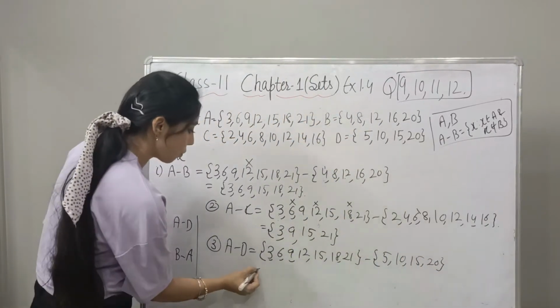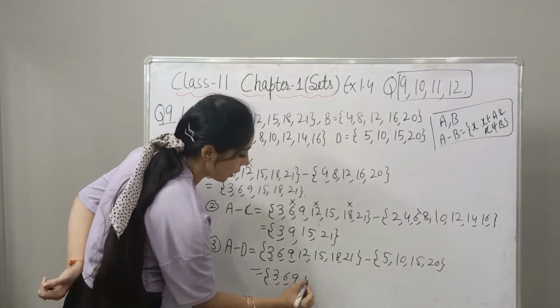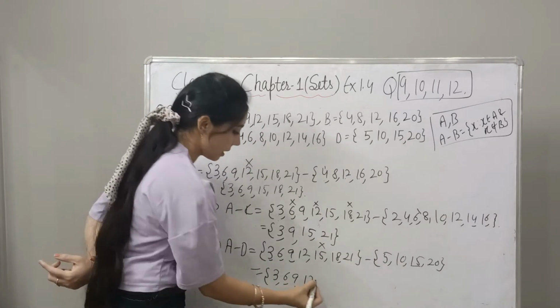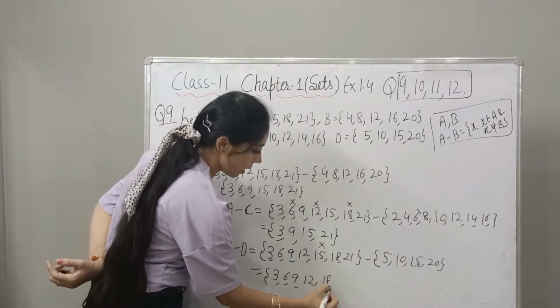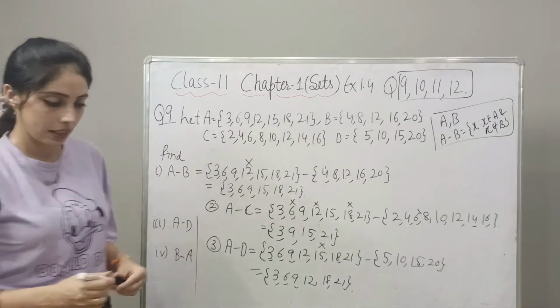To find the difference, we write 3, 6, 9, 12, 15 will be discarded because 15 is in the D set, then 18 and 21. So this is the difference of A and D.